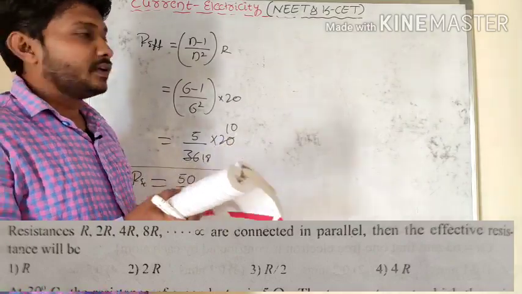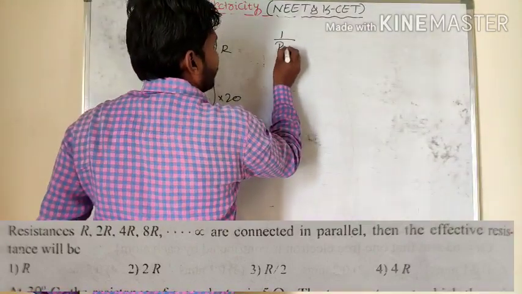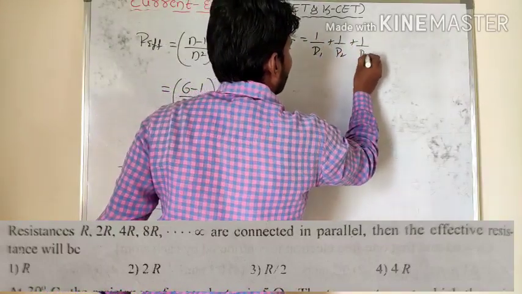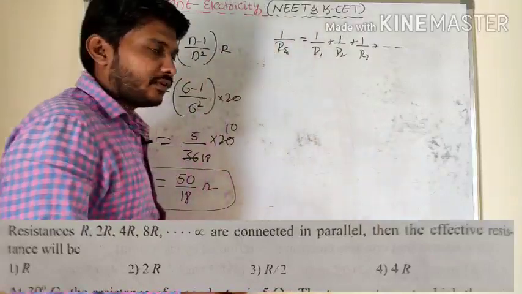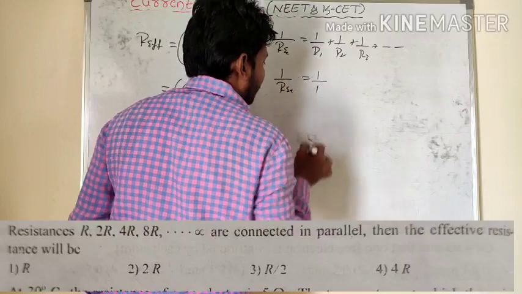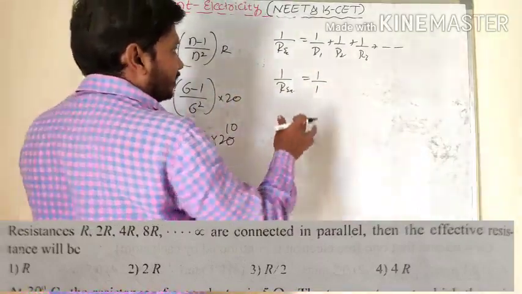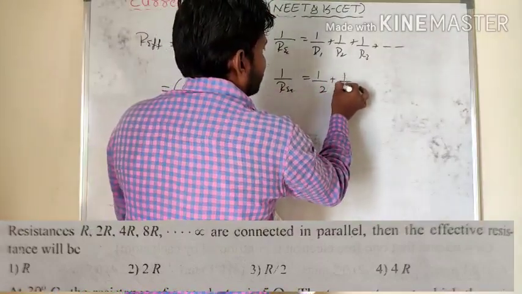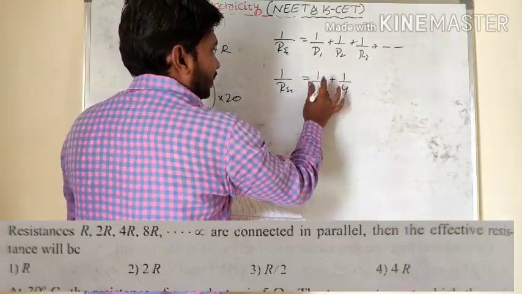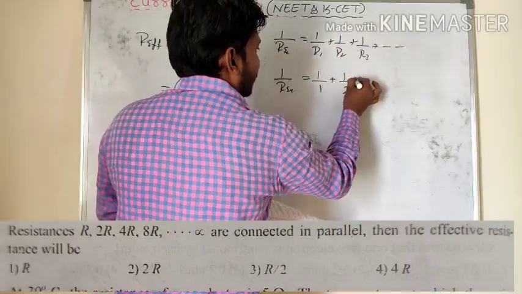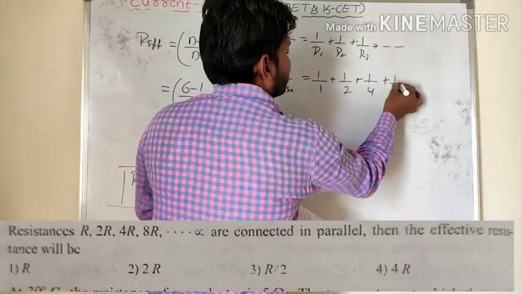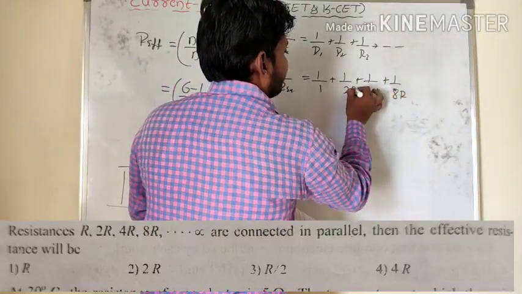Then the effective resistance will be, in parallel combination, 1 by R equivalent is equal to 1 by R1 plus 1 by R2 plus 1 by R3, up to infinity. So 1 by R equivalent is equal to 1 by R, plus 1 by 2R, plus 1 by 4R, plus 1 by 8R.